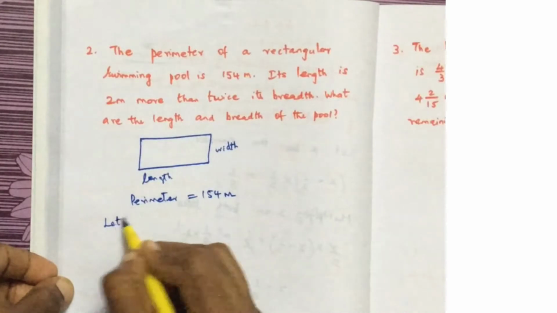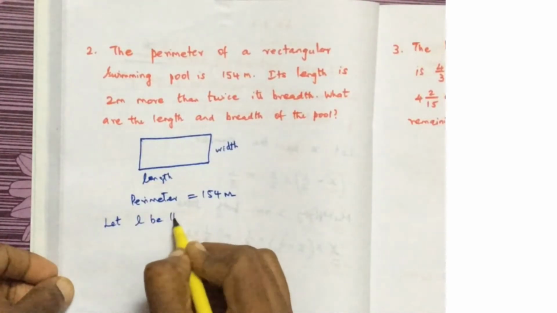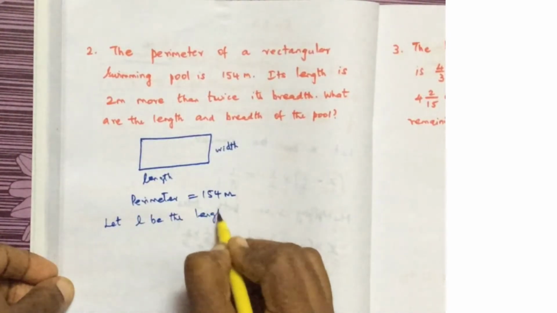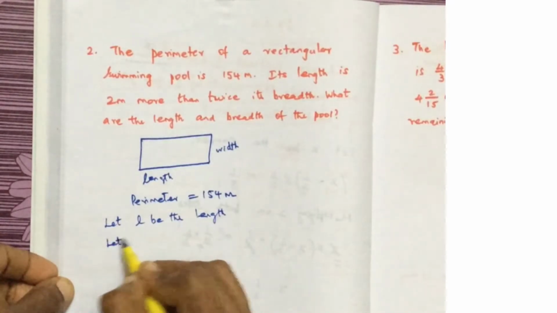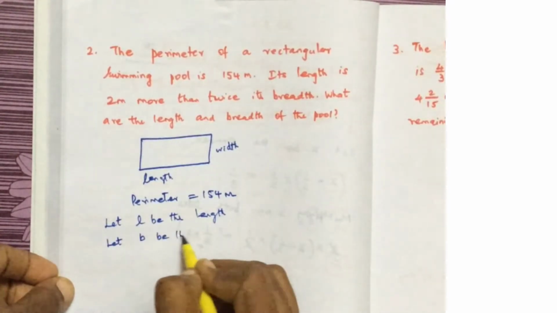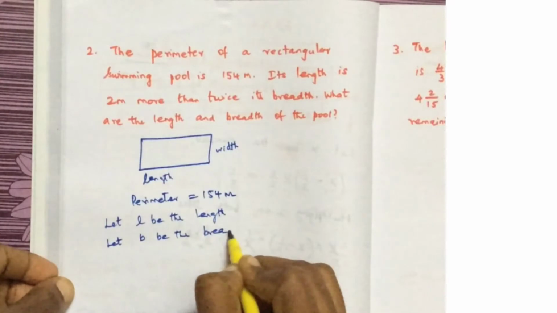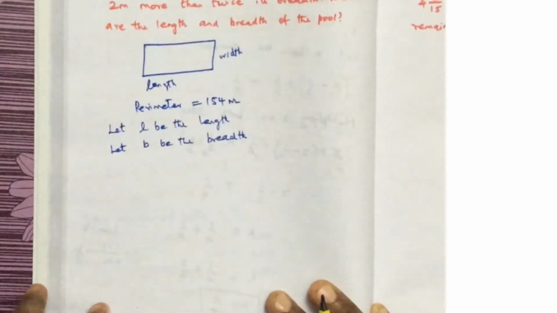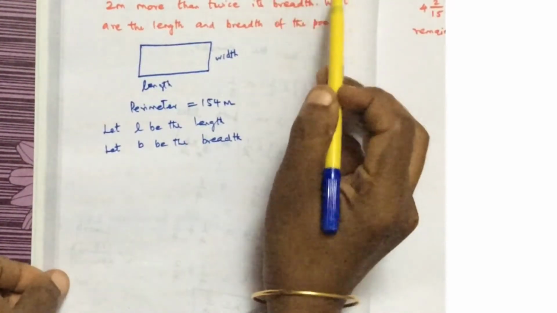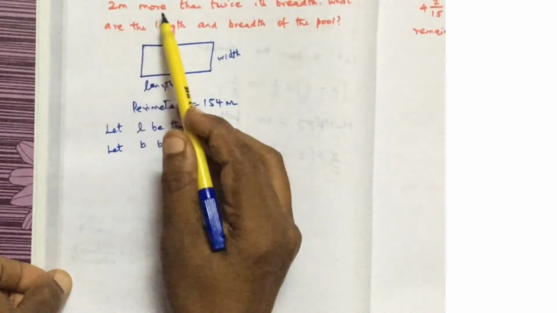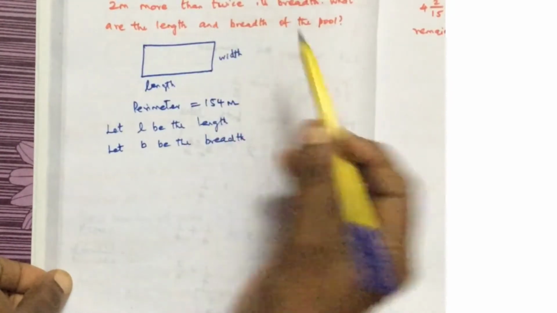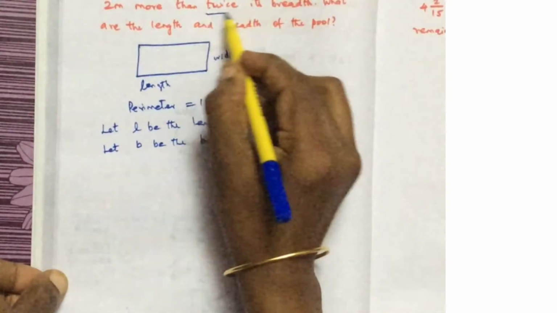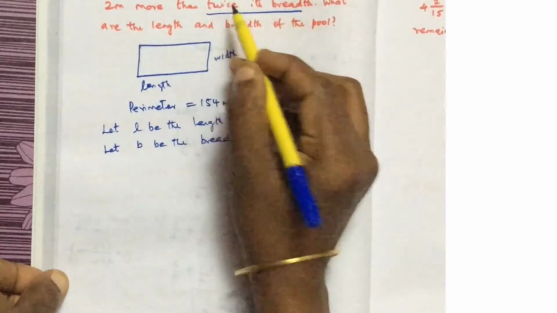Let L be the length and B be the breadth. What is given is, its length is 2 meter more than twice its breadth. Twice its breadth means multiply the breadth by 2.